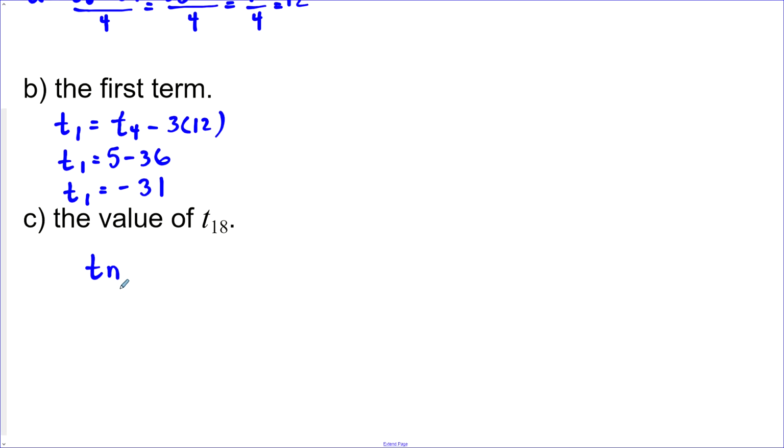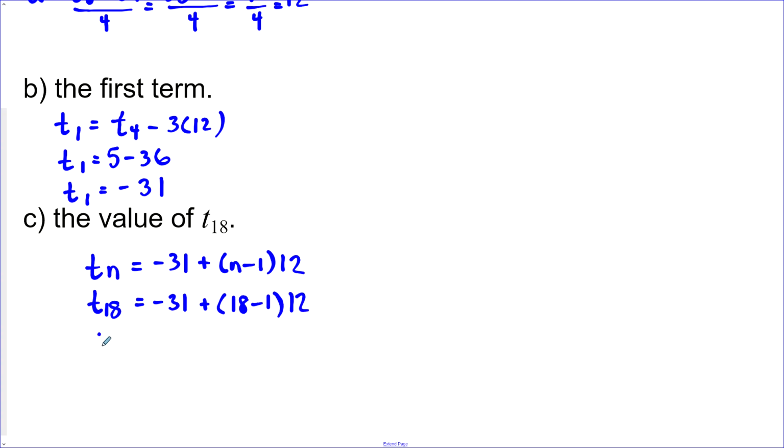It would be Tn is equal to T1, negative 31, plus n minus 1 common differences of 12. And now we'll just put in 18 for n, and calculating all of that, we get that T18 is 173.